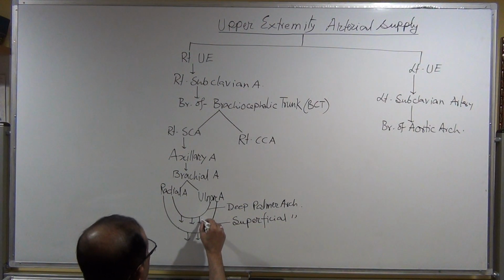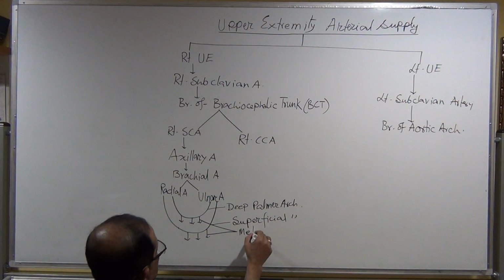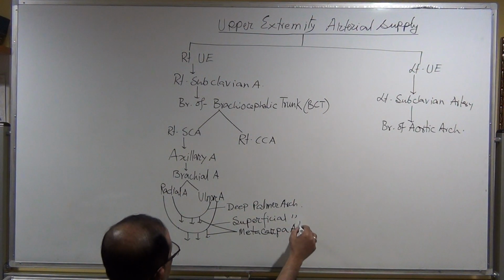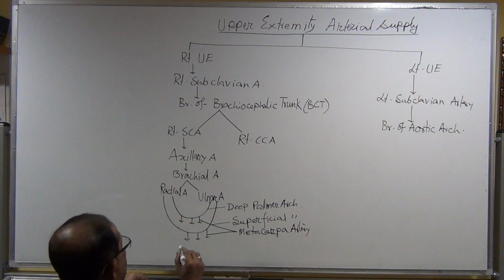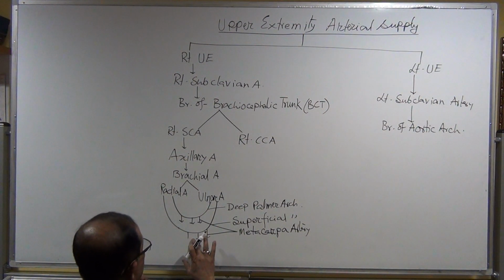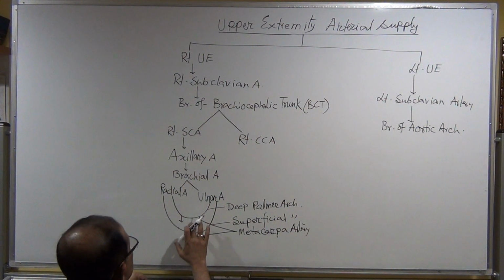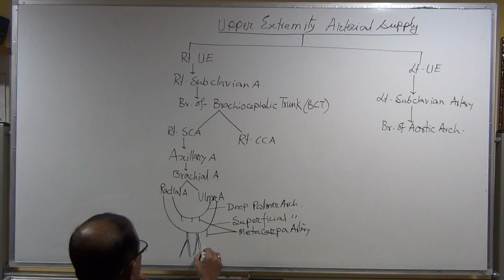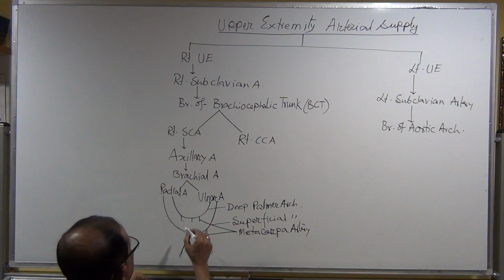So these are the metacarpal arteries, and from the metacarpal arteries there are the digital arteries.